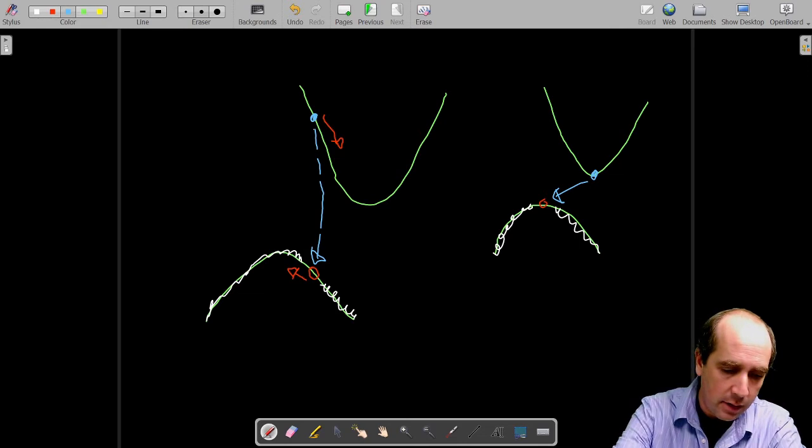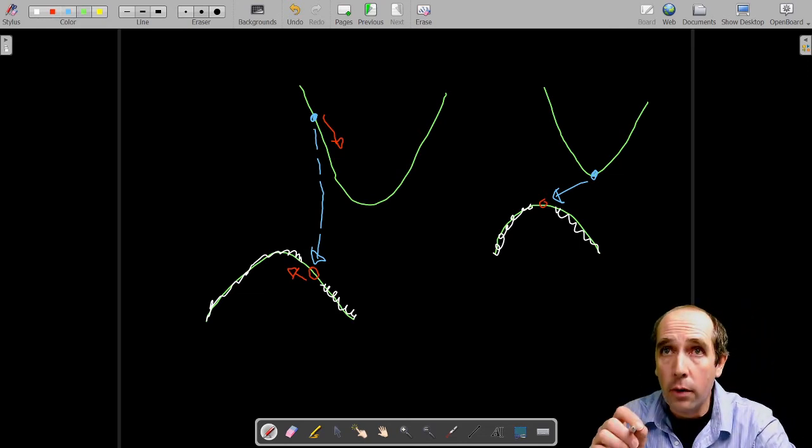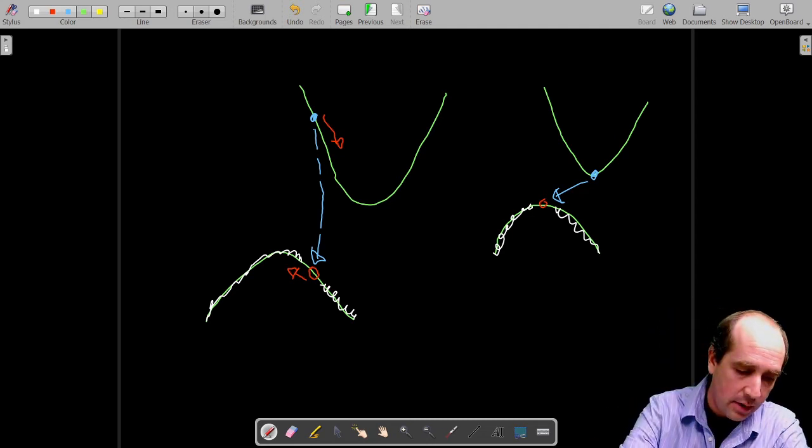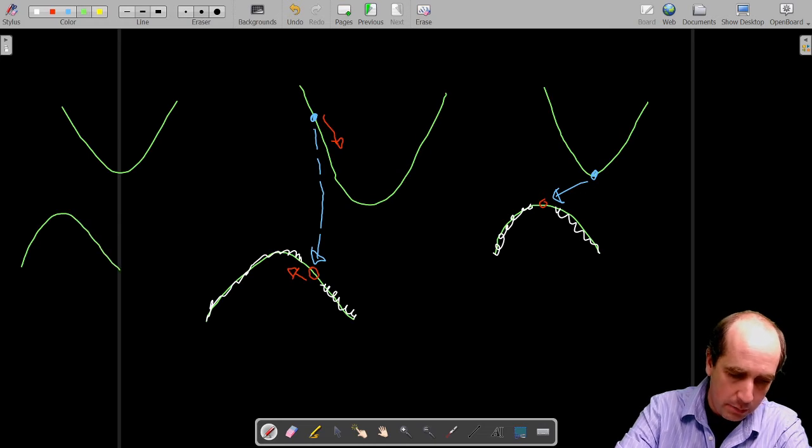If a photon has enough energy to produce a transition between two bands, I will draw another indirect bandgap band structure over here.